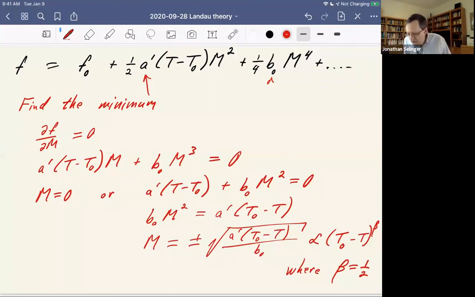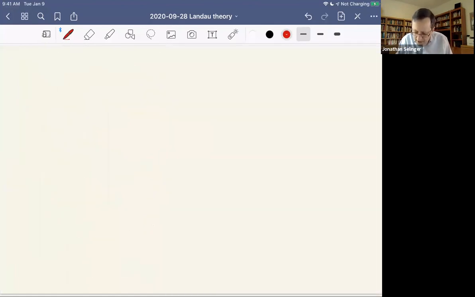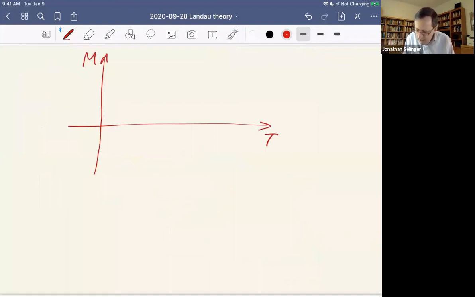Now, it's not perfect agreement. So one way that you can see that the agreement is not perfect is that if you make the plot of M versus T, here in Landau theory, it's just a square root, right?